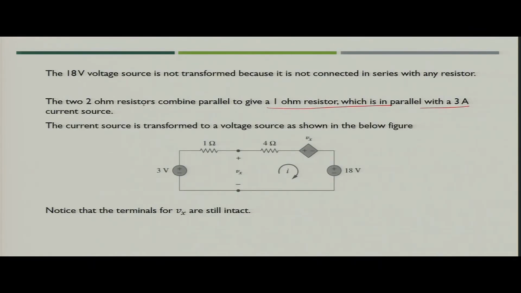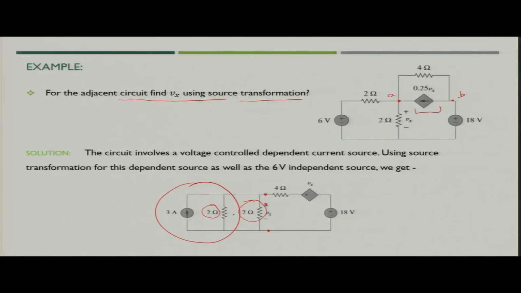So, now we have the 1 ohm resistance, and there is one 3 ampere current source. So, when you do source transformation, since this 2 ohm has become 1 ohm finally, because you have clubbed both of them, then 3 ampere in parallel.